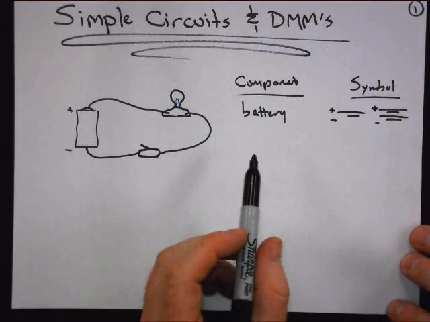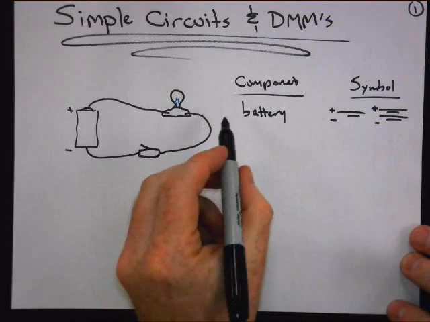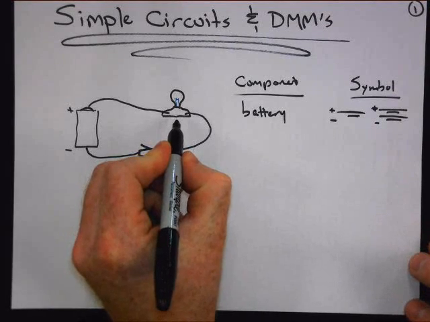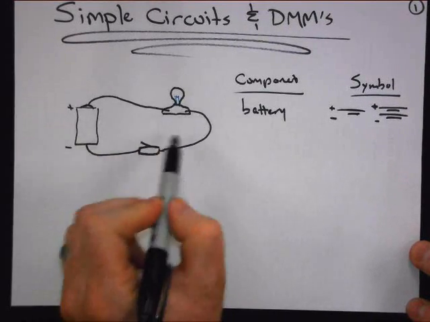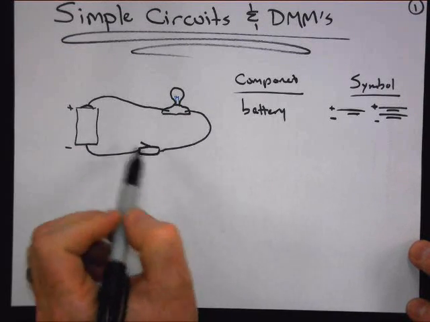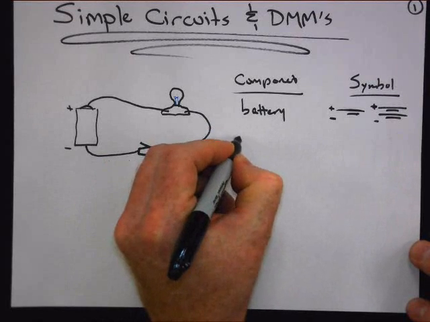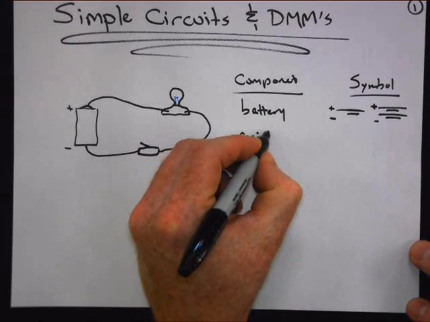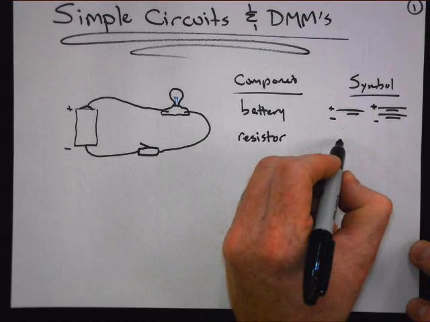So then, what else are we going to have? We have the light bulb itself. So instead of just focusing on a light bulb, let's focus on anything that's going to use the energy provided by the electricity here. So anything that's using that energy, we'll call it a resistor. And the resistor has a certain symbol that we want to use.